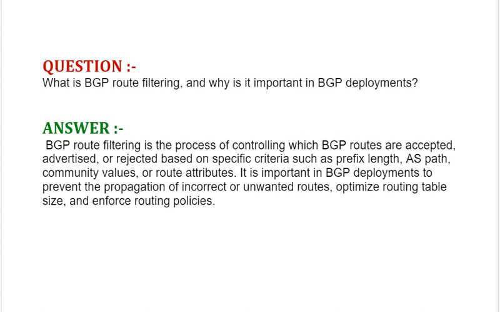Your answer should be: BGP route filtering is the process of controlling which BGP routes are accepted, advertised, or rejected based on specific criteria such as prefix length, AS path, community values, or route attributes. It is important in BGP deployments to prevent the propagation of incorrect or unwanted routes, optimize routing table size, and enforce routing policies.